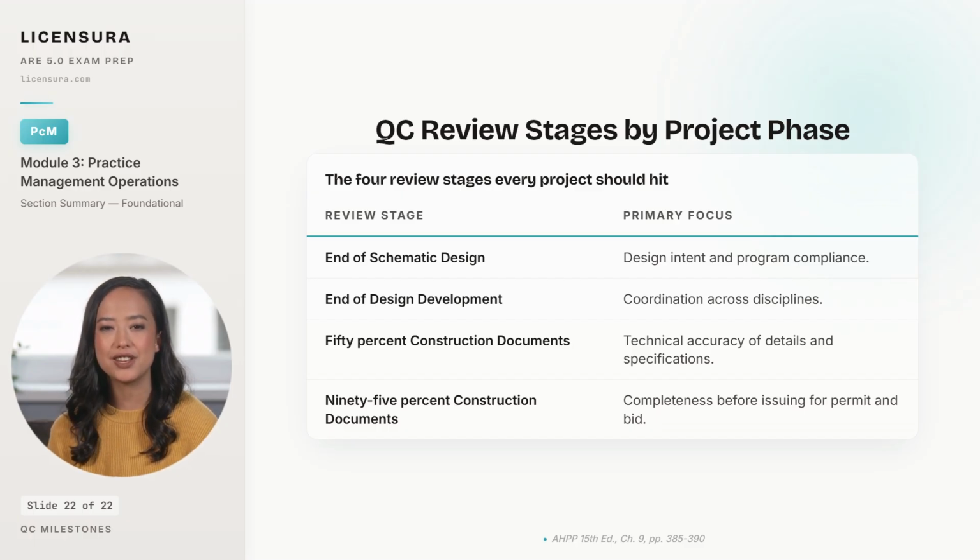And at 95% construction documents, the focus is completeness. Every drawing referenced, every specification section accounted for, every consultant's deliverable in place before the set goes out for permit and bid.